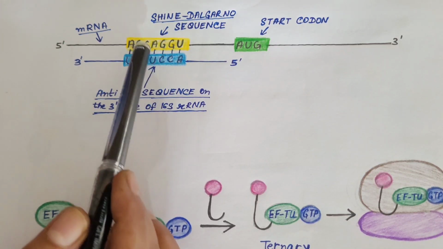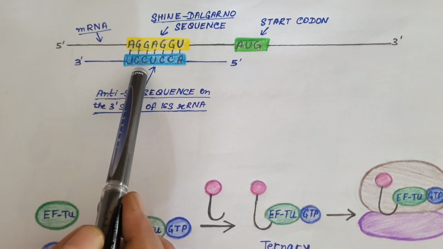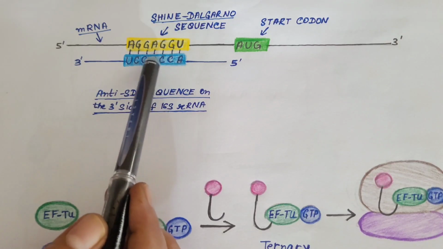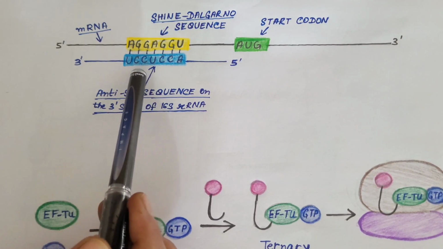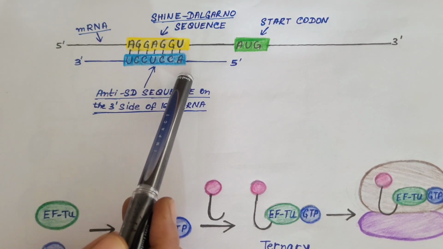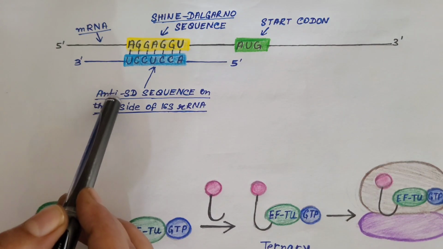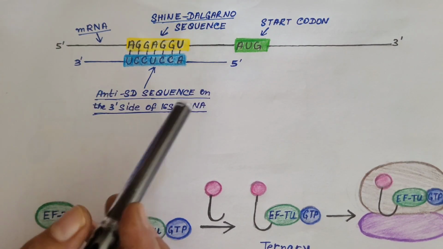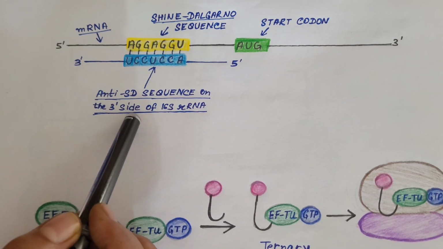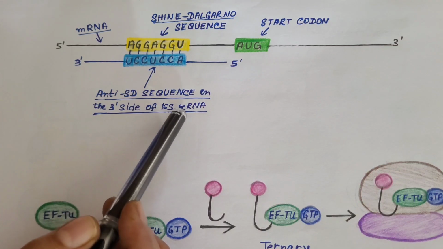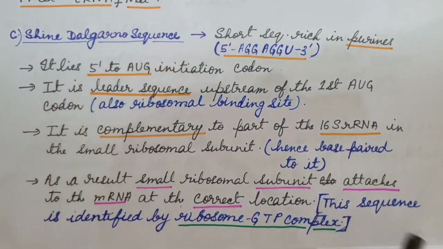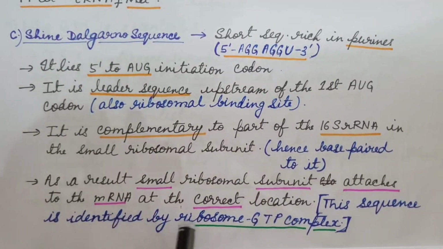Hence, these two are base paired, as a result of which the small ribosomal subunit attaches to messenger RNA at the correct location. So, this is the anti-Shine-Dalgarno sequence present on the 3' side of 16S ribosomal RNA. This sequence is identified by the ribosome GTP complex.